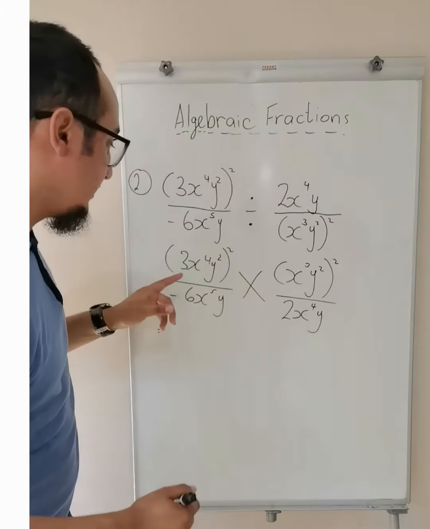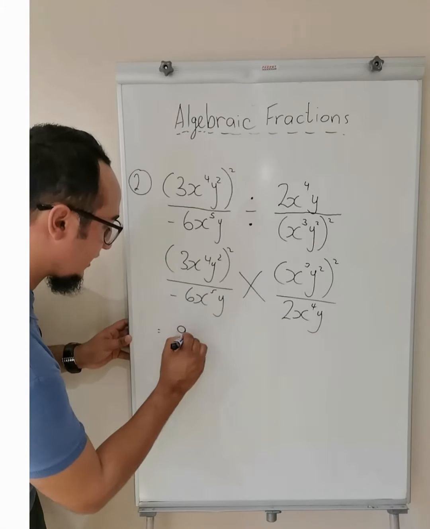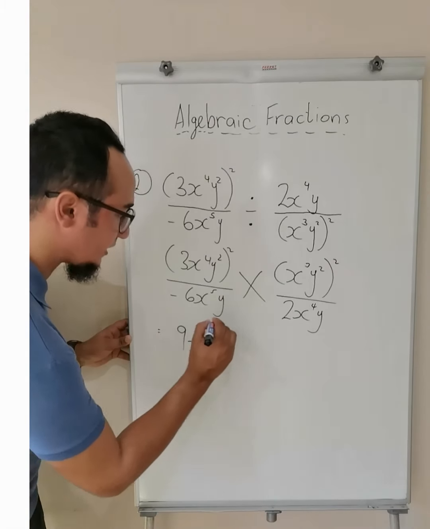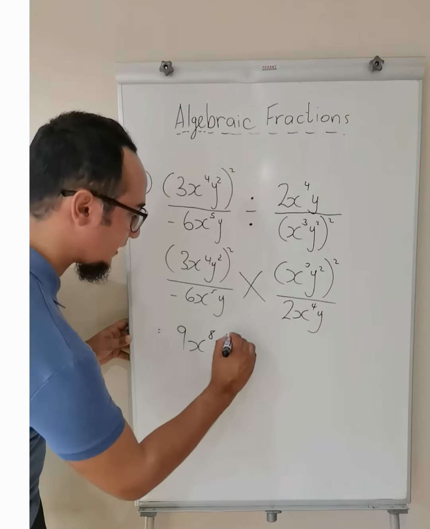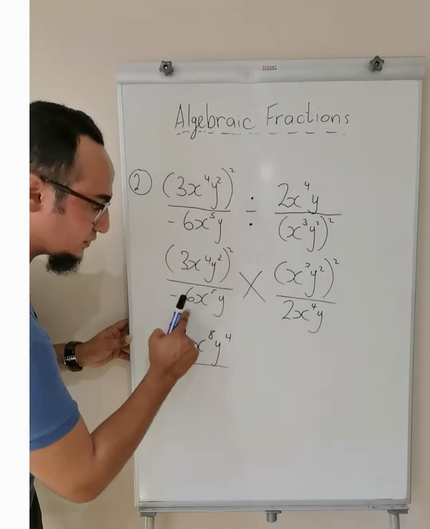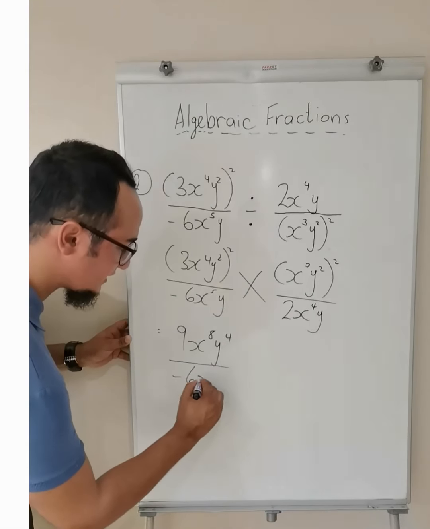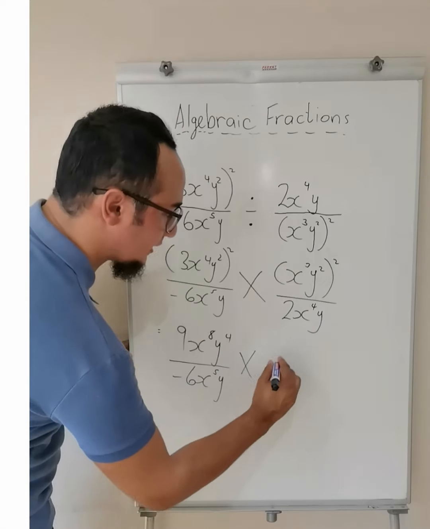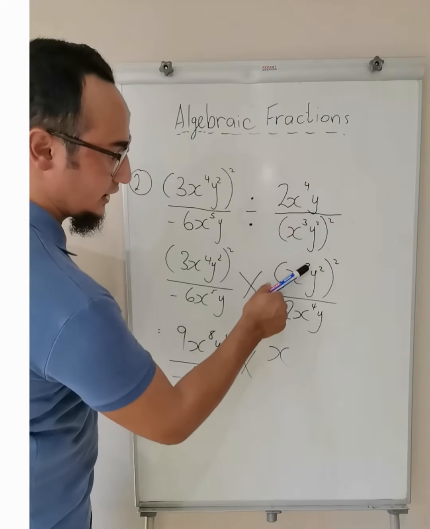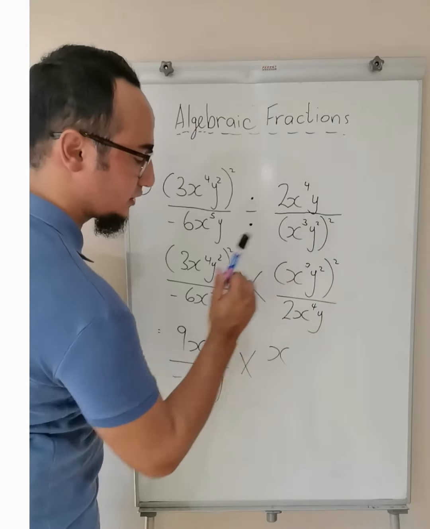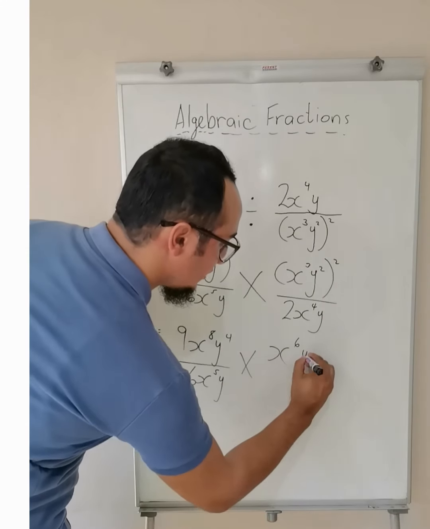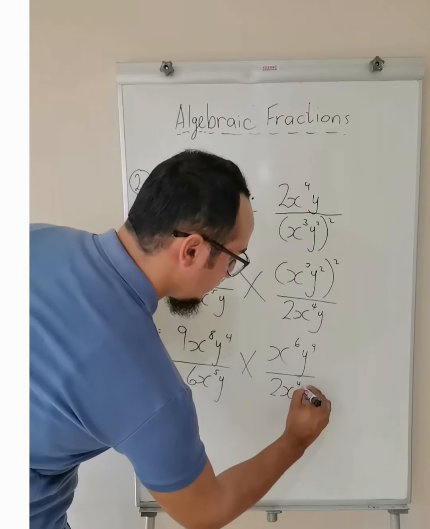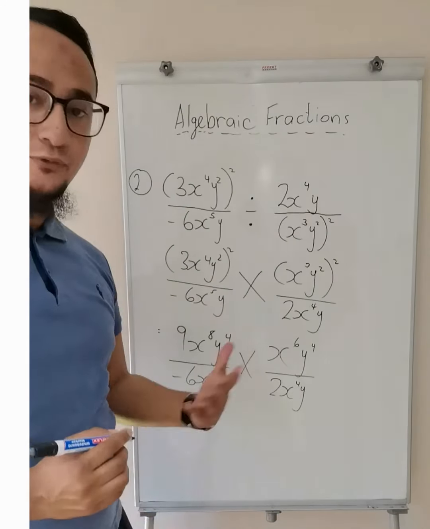So I have 3 squared, which is equal to 9. X to the power of 4 raised to the power of 2 is x to the power of 8. And y to the power of 4. There's nothing I can do with this over here, so that stays negative 6x to the power of 5, y multiplied by 3 multiplied by 2, which is 6. Y to the power of 4 and 2x to the power of 4, y to the power of 1.